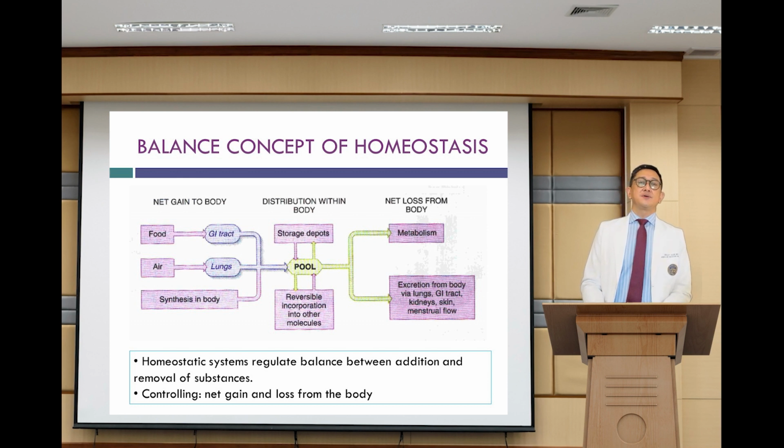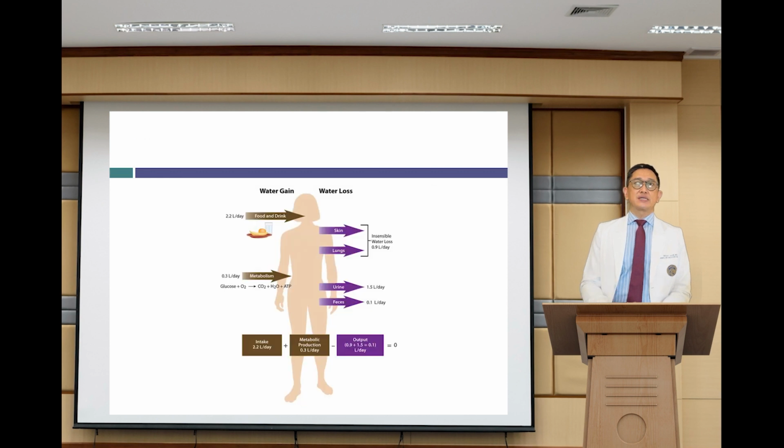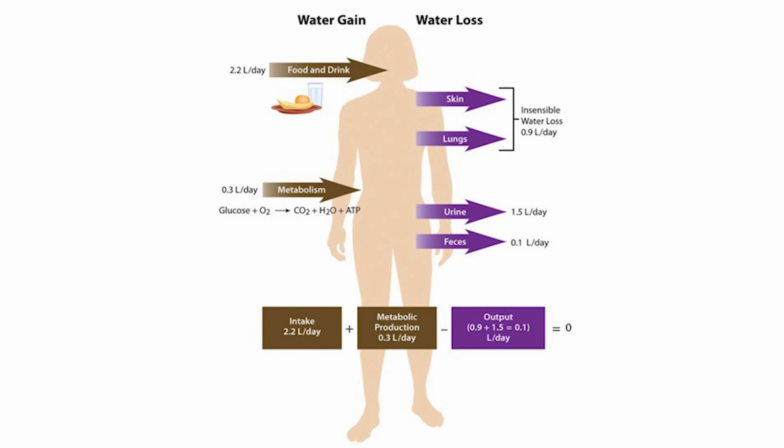Just to give you a more concrete example of water gain and water loss: from food and drink, you can see almost more than a liter per day. There's also metabolism that contributes to the gain of water in the body, and we have your intake as well.